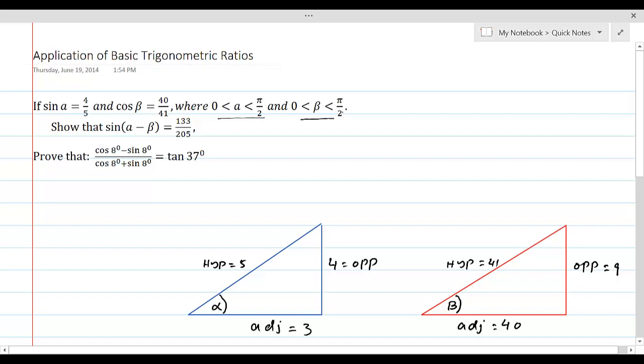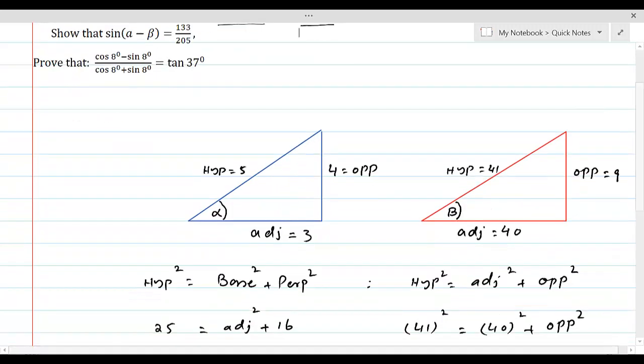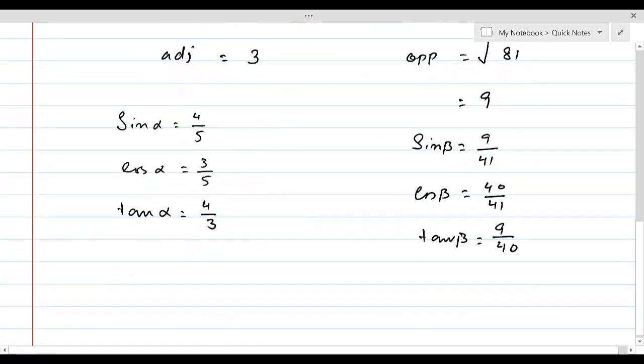Therefore, all the values of sine alpha, cos alpha, tan alpha, and sine beta, cos beta, tan beta will be all positive. But if it was given a different quadrant, you would have to make the sine, cos values positive or negative depending upon the quadrant.